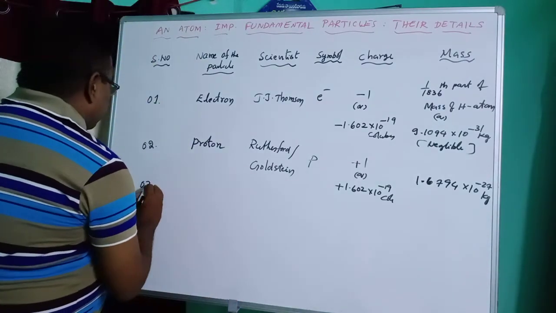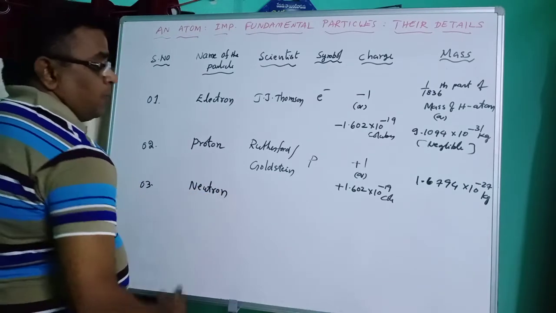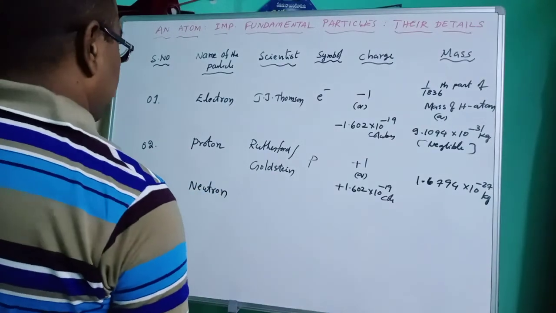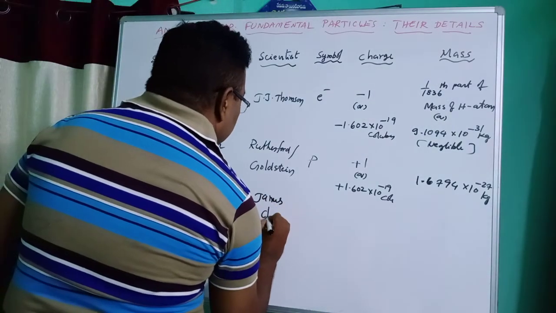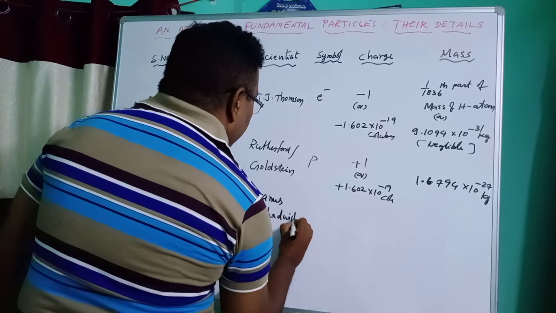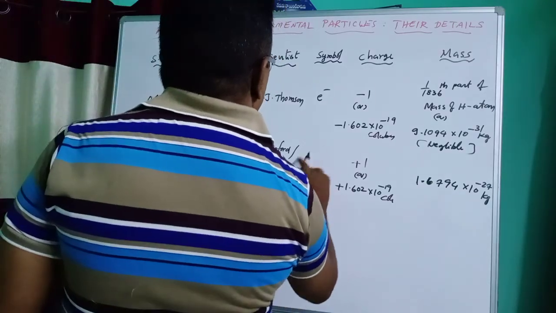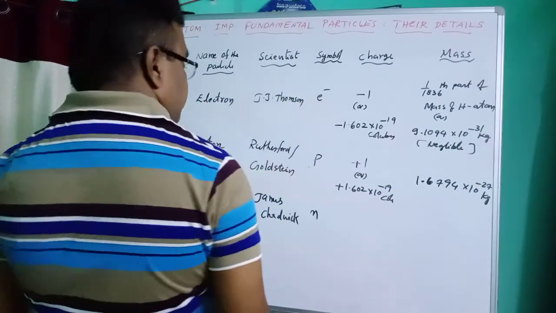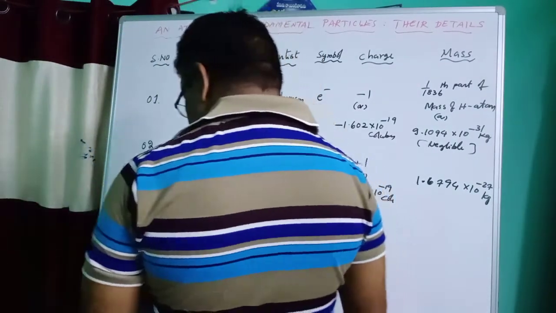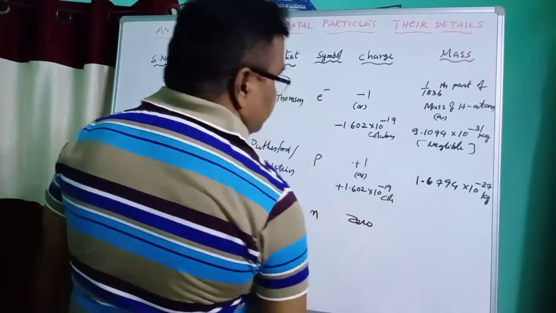Next, the third one is neutron. Neutron was discovered by James Chadwick. Symbol is N. So proton symbol is P, neutron symbol is N. Charge is 0.